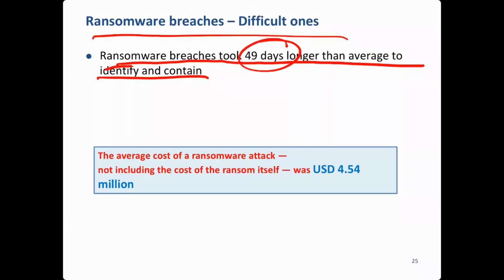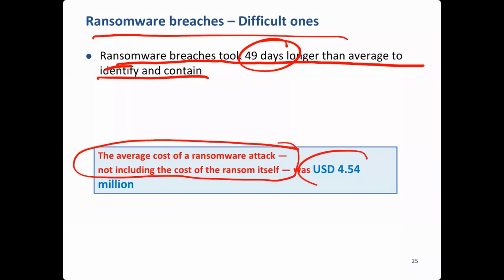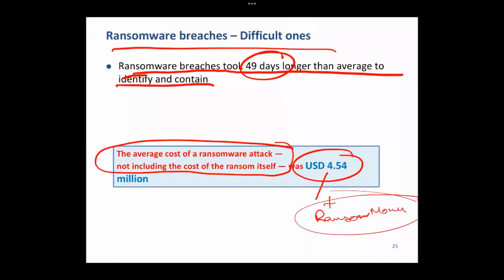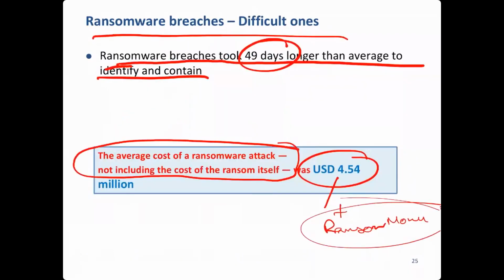The average cost of a ransomware attack, not including the cost of the ransom itself, is around 4.5 million. Plus there will be ransom money, which could be more than that, even 100 million possibly, depending on what organization they have reached. So note that there is always money that attracts cyber criminals, mainly.